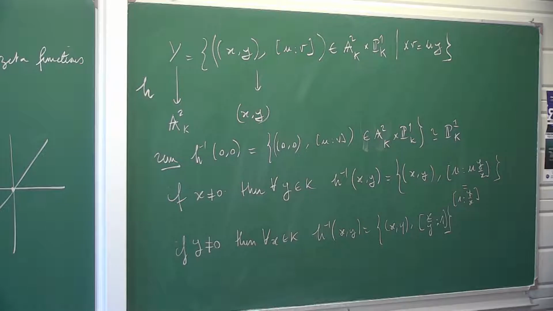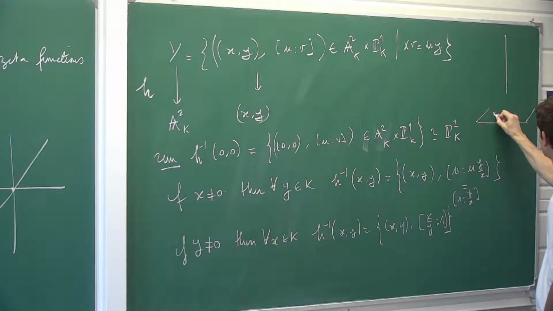So that means that this application H is like this. Above (0, 0), you have a line, and outside of (0, 0), you have an isomorphism.